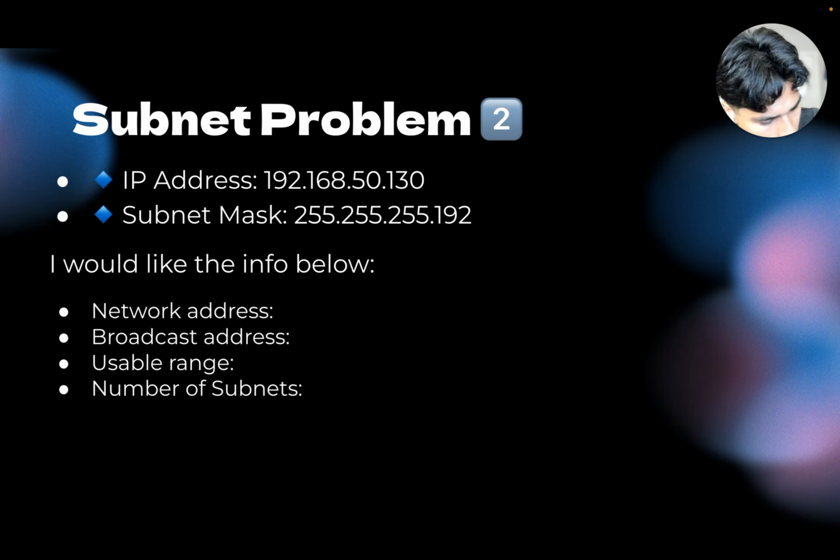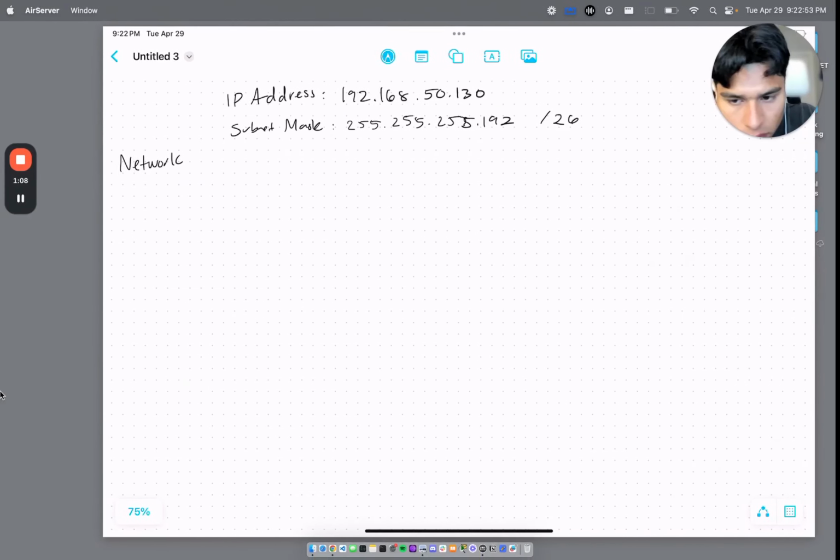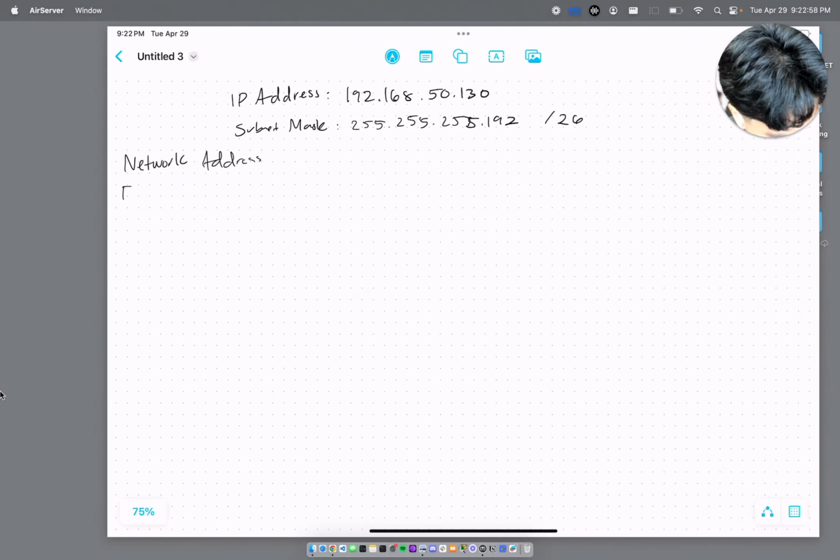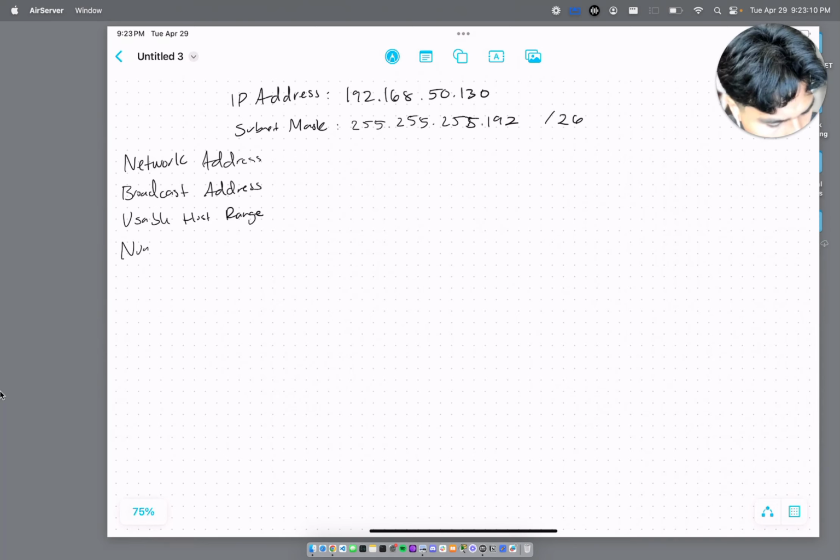Subnet mask is 255.255.255.192, which is going to be /26. Okay, and they're asking us for the same information, right? The network address, the broadcast address, usable host range, and the number of subnets.